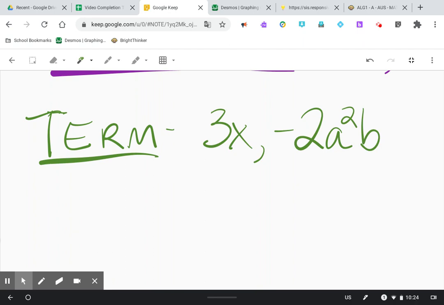Now, that doesn't mean a lot to you right now, but those would all be examples of terms. Also, a term could just be a constant by itself or a variable by itself, okay? So a term is any combination. 7, these would all be terms.